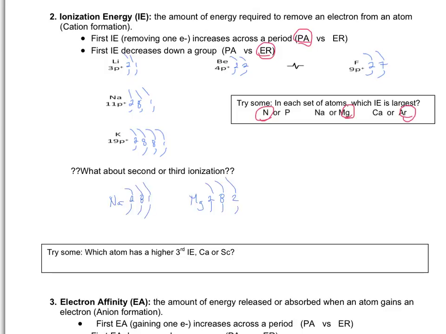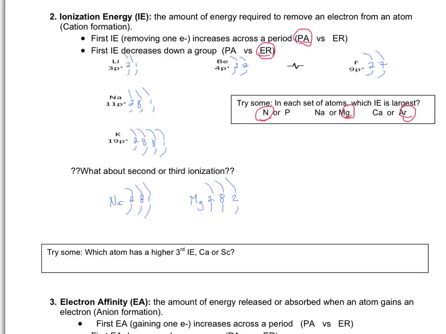The patterns for second and third ionization are a little bit different than first. Pause the video and copy down the Bohr diagrams for sodium and magnesium. Looking at the structures of these two atoms, we can figure out which one has the highest second ionization.